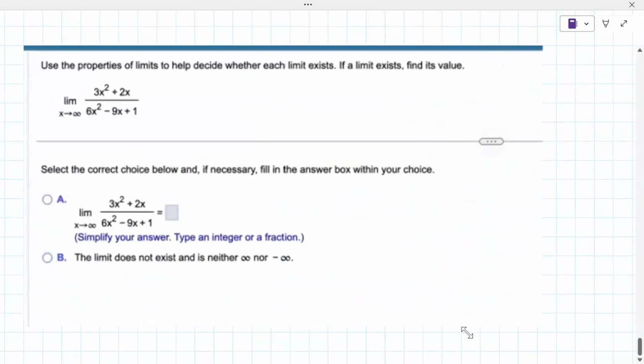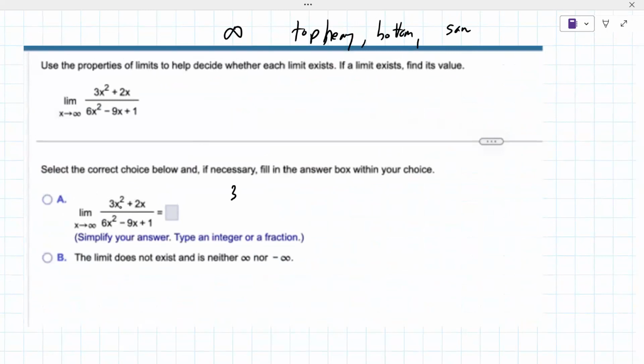All right, so this one, whenever it's going to infinity, you do the whole top heavy, bottom heavy, same heavy. This one's got a squared on top and a squared on bottom. So this is the same heaviness on the top and the bottom.